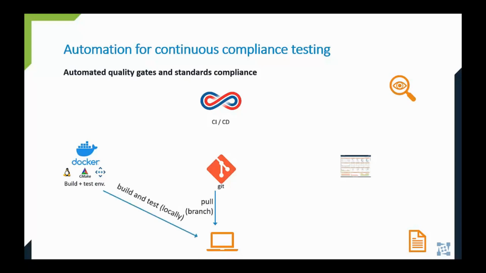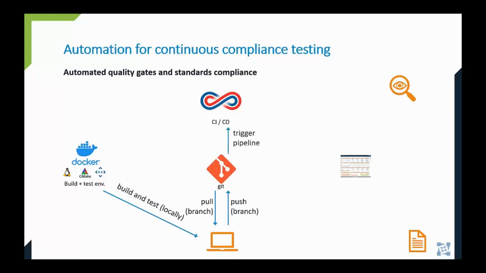So compiler, build system, static analyzer, unit testing framework, and code coverage tools are all distributed in containers following these definitions in configuration files.